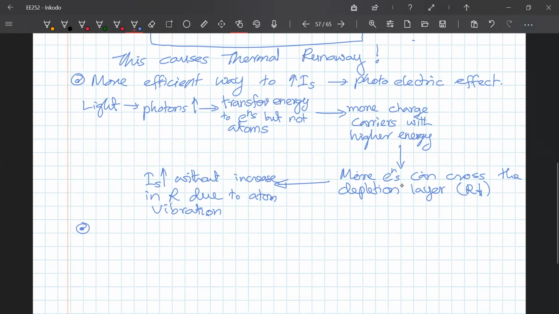This is basically an effective way of doing it, but unfortunately, the Ebers-Moll model that we talked about does not capture this. This behavior is not described by the Ebers-Moll equation because we are applying light, not external voltage or anything, right?